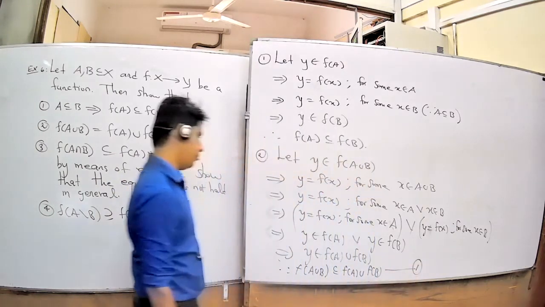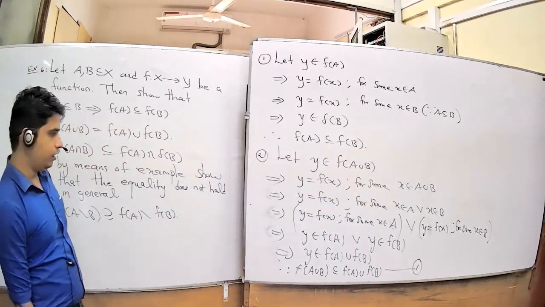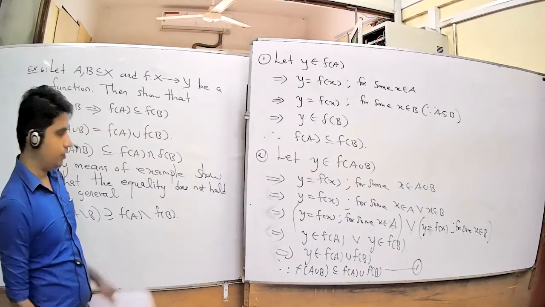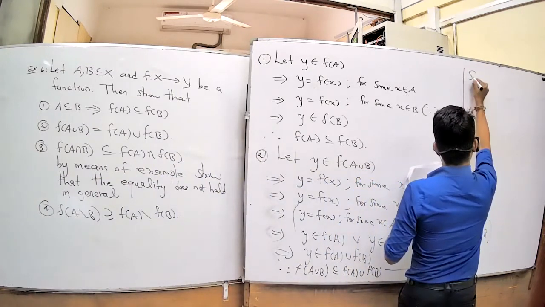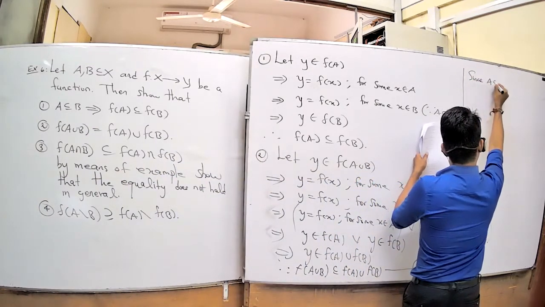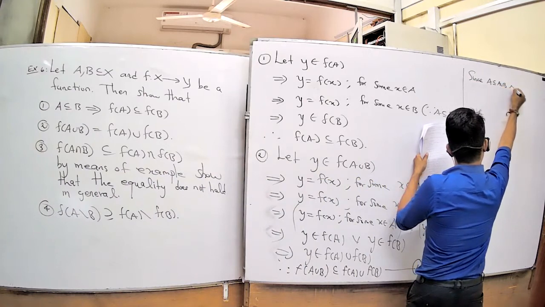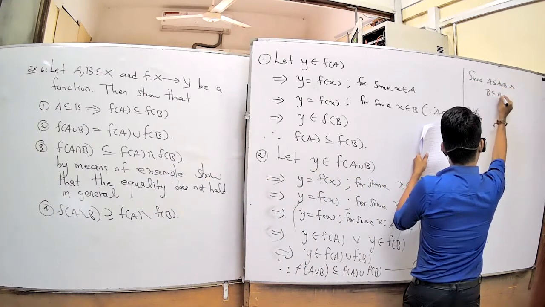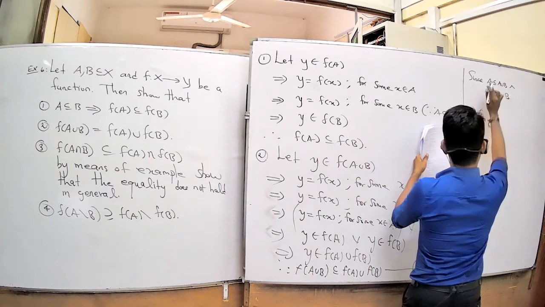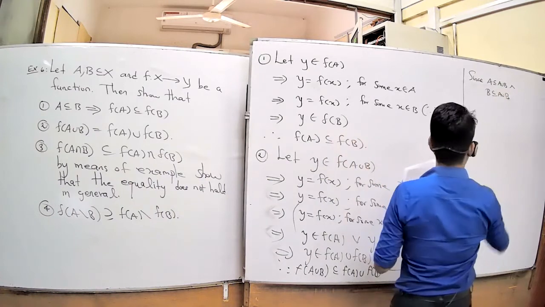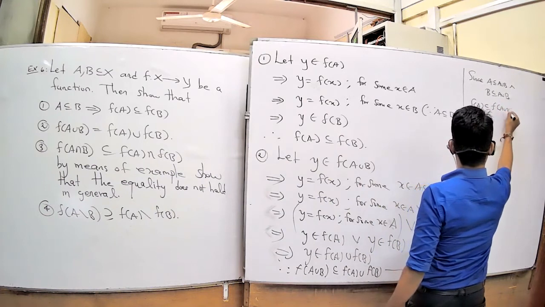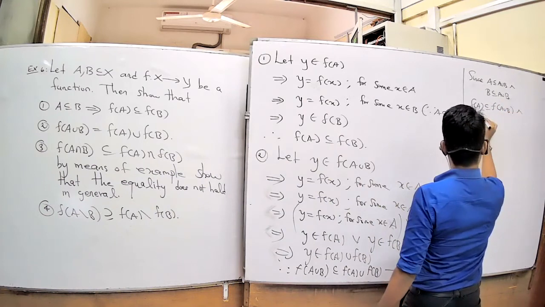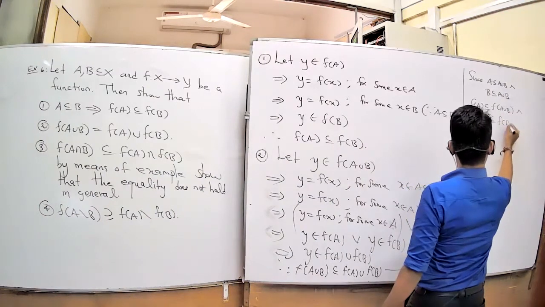First condition. Okay, f of a union b equals f of a union f of b. Since a is a subset of a union b and b is a subset of a union b, from the previous part you will write f of a is a subset of f of a union b and f of b is a subset of f of a union b.